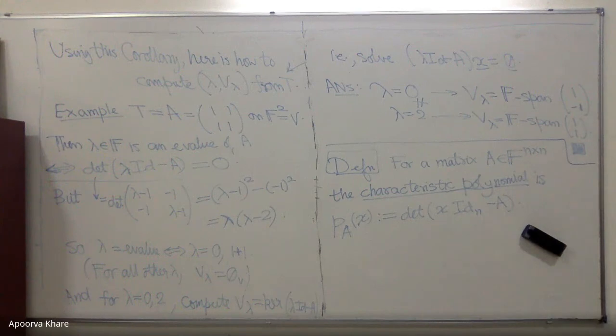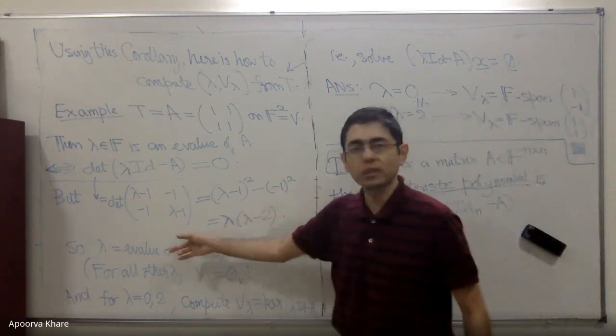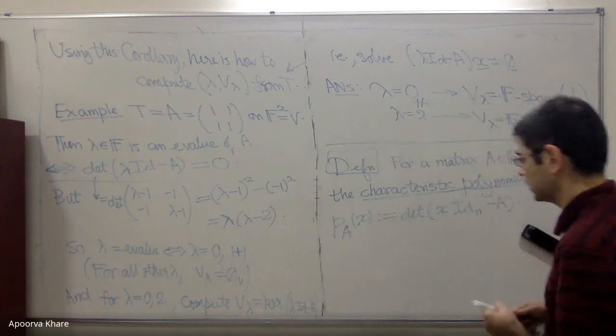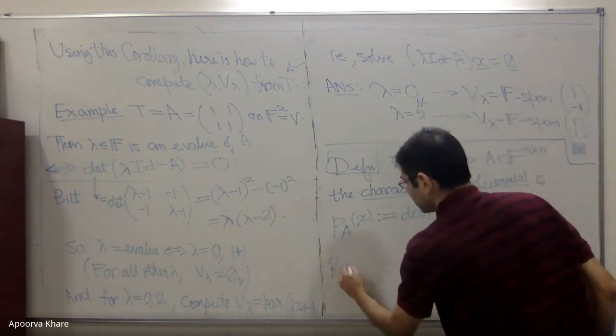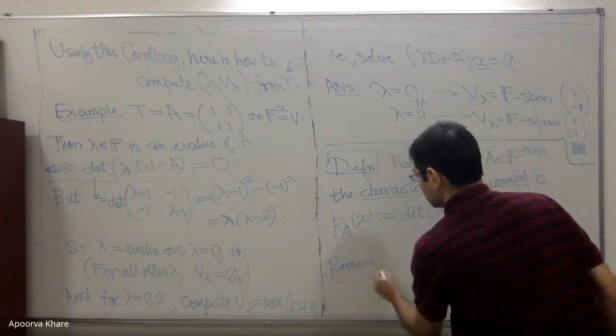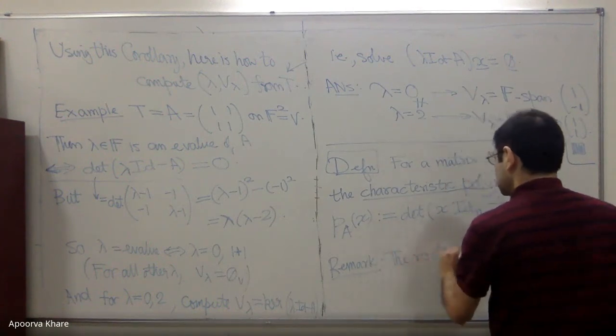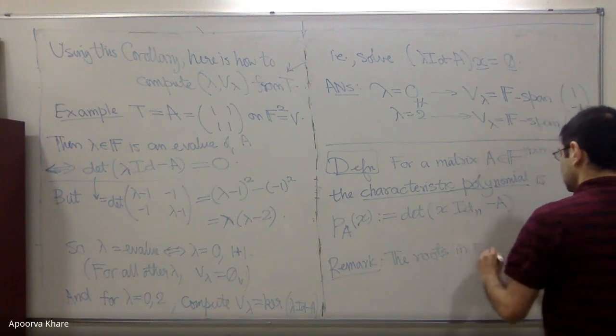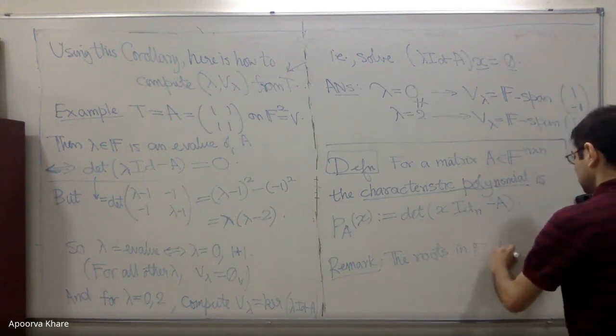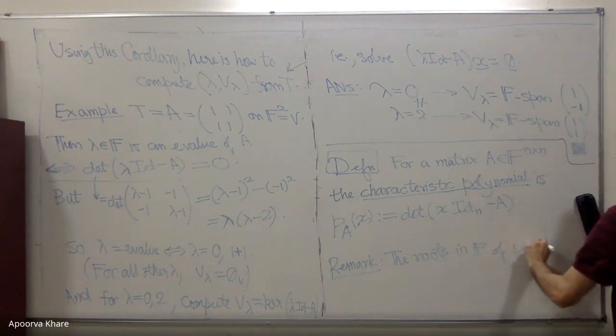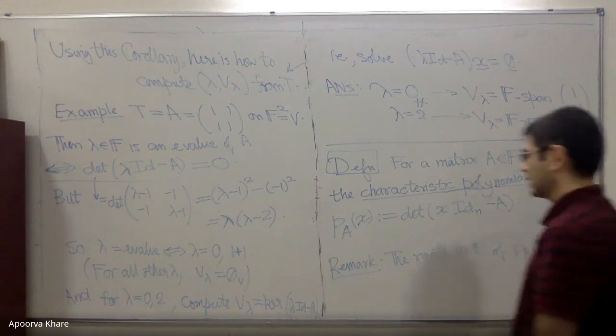That's the characteristic polynomial. And as I said, the roots of this polynomial in F are the eigenvalues of A. Let me just mention that now.